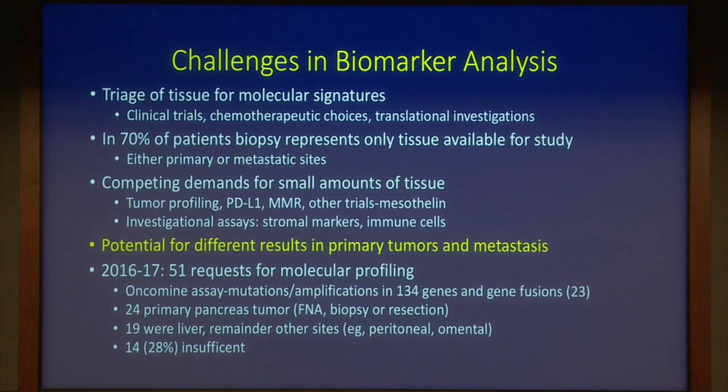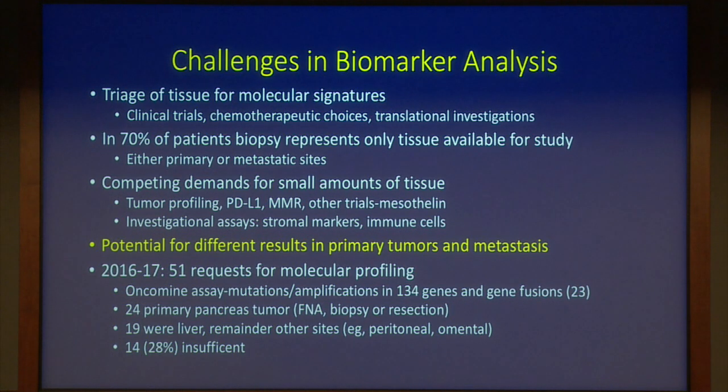And then we might want tissue to do some of the research that you heard about at lunch today. And as James reminds me, in 70% or so of patients, the biopsy represents the only tissue available for study, either of the primary or the metastatic site, because these patients are not operable. So you can imagine there are competing demands for very small amounts of tissue.